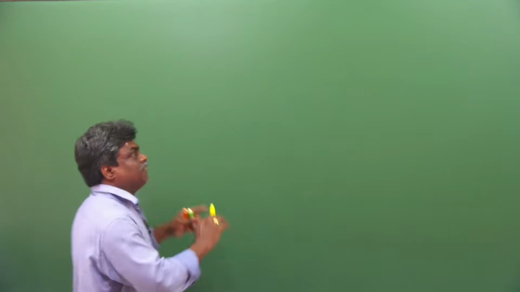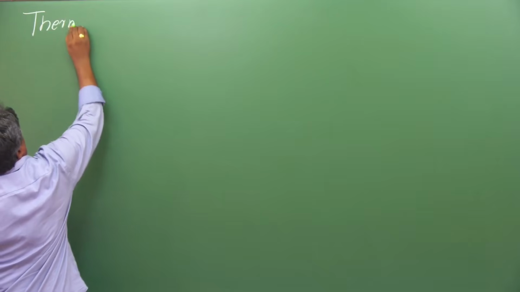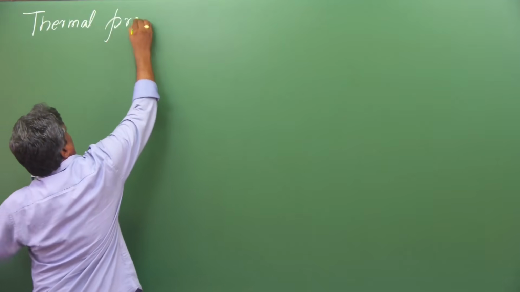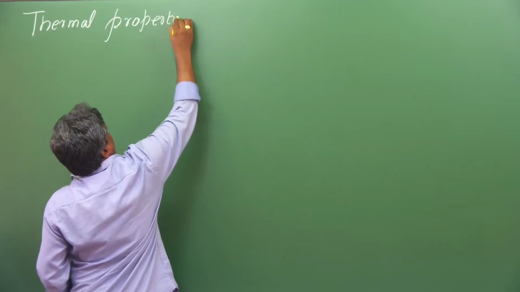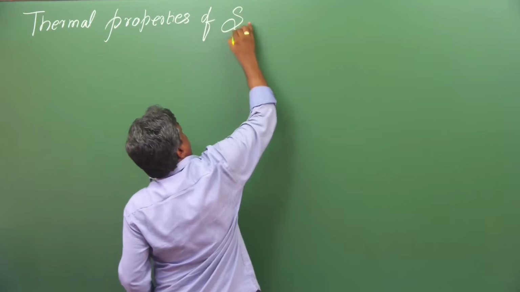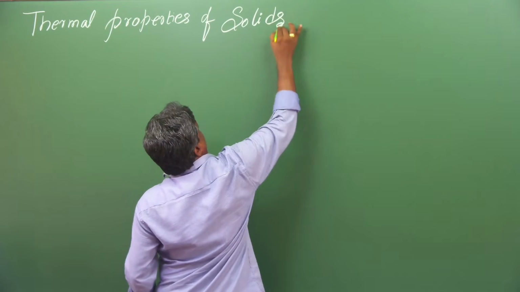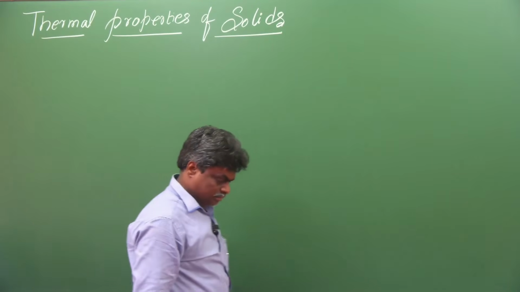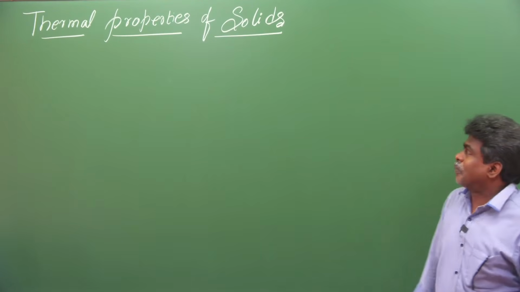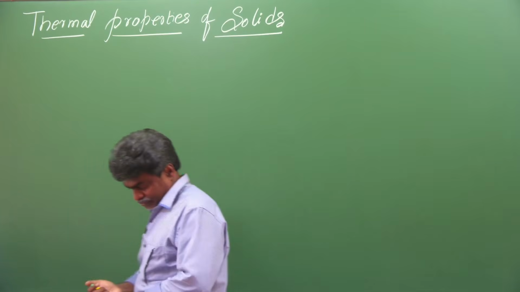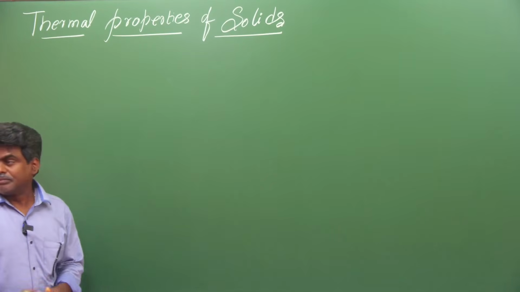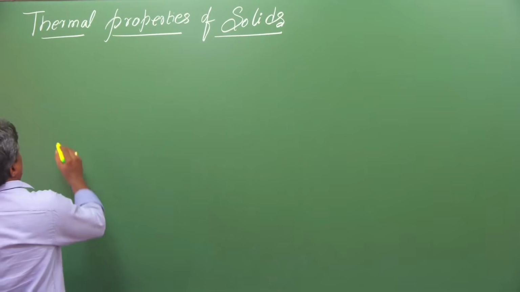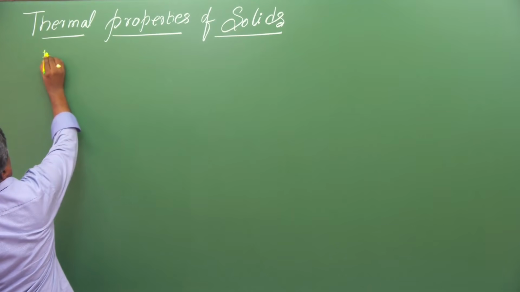Take a fresh page and put the heading, thermal properties of solids. I gave 2-3 questions yesterday. Have you done that? Yes, sir. Here we are going to cover two properties.